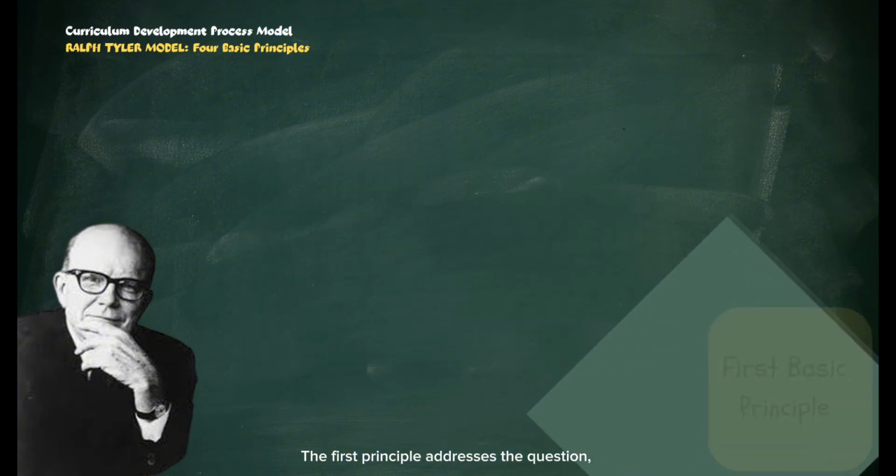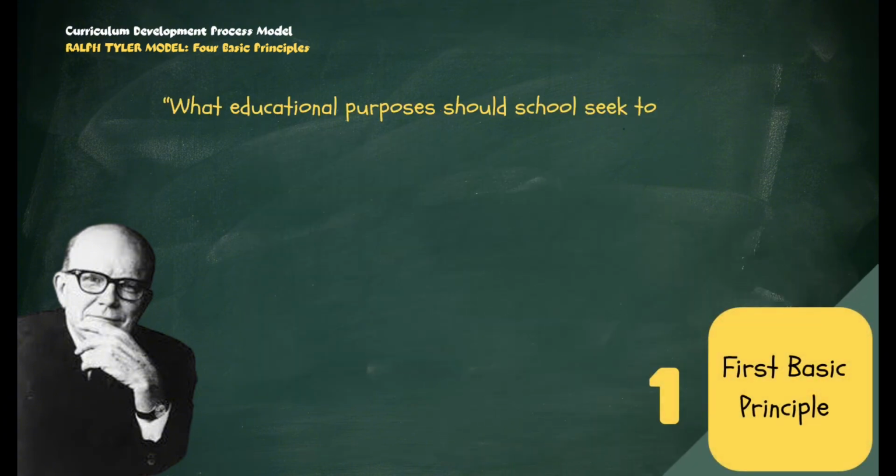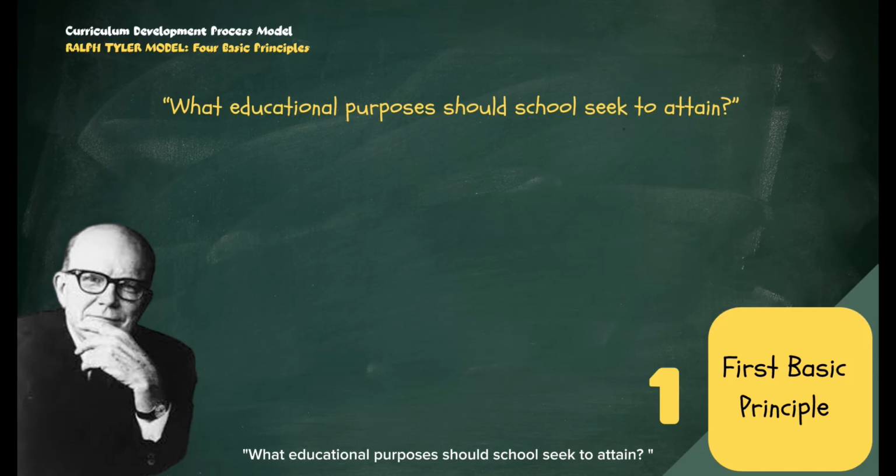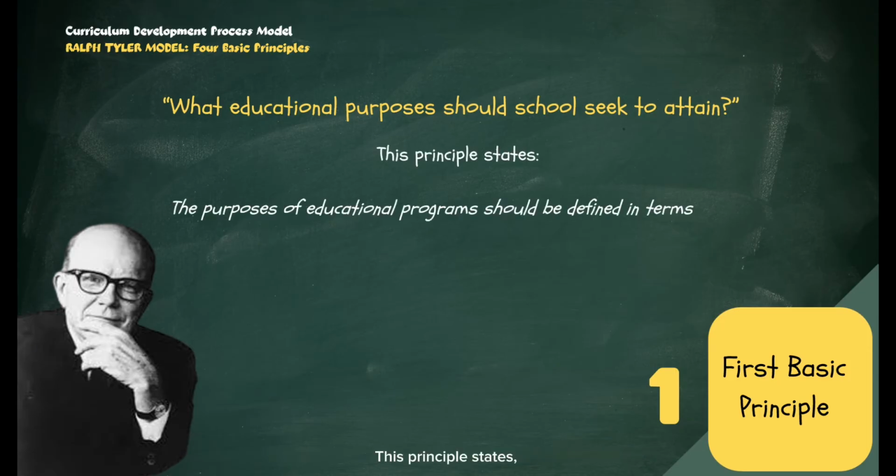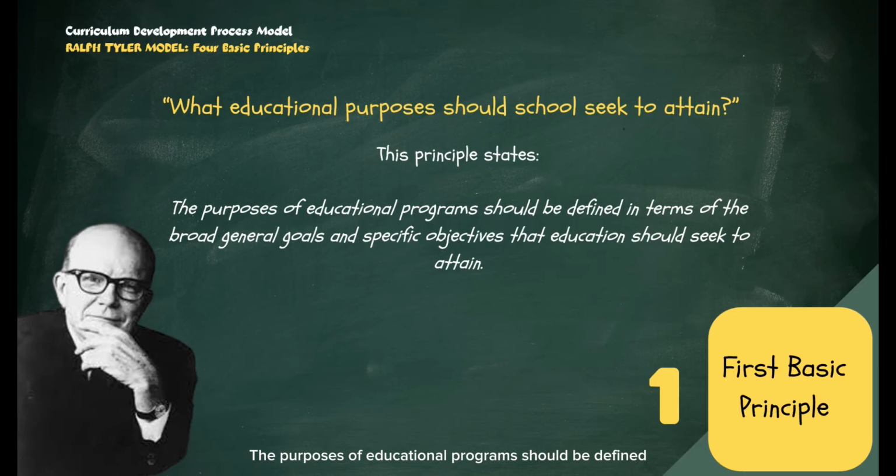The first principle addresses the question, what educational purposes should schools seek to attain? This principle states, the purposes of educational programs should be defined in terms of the broad general goals and the specific objectives that education should seek to attain.